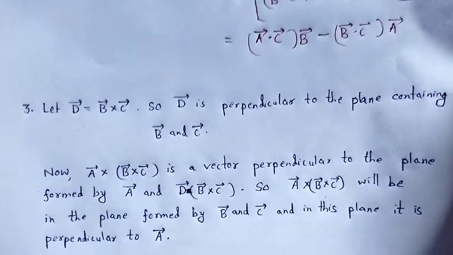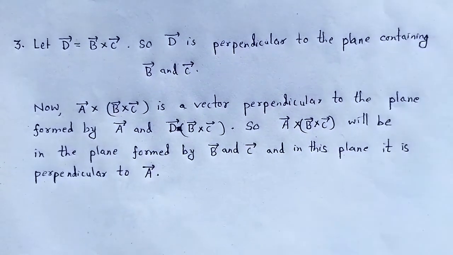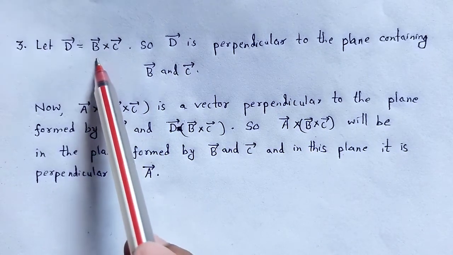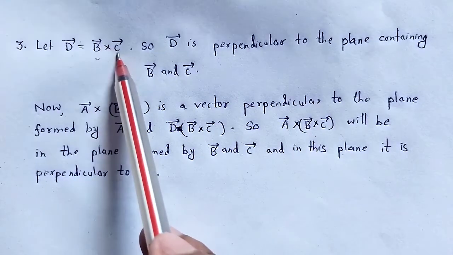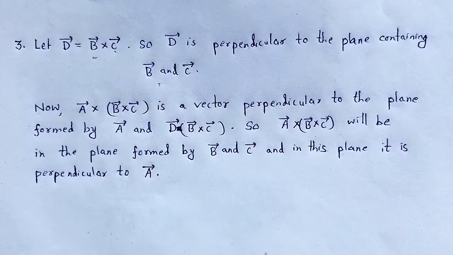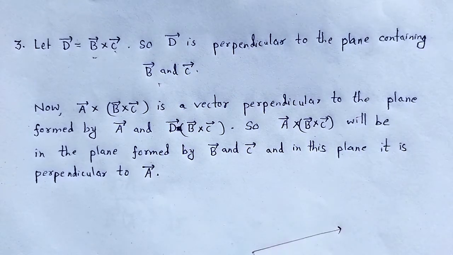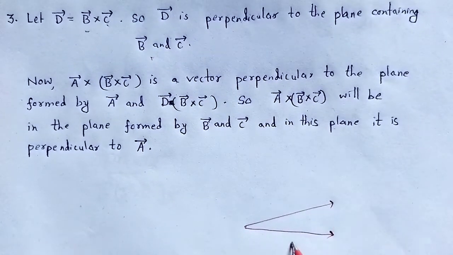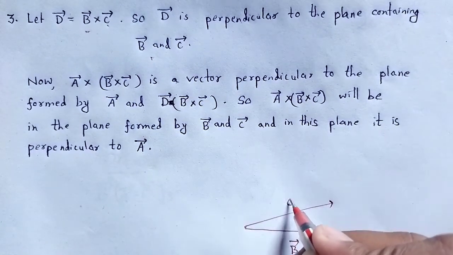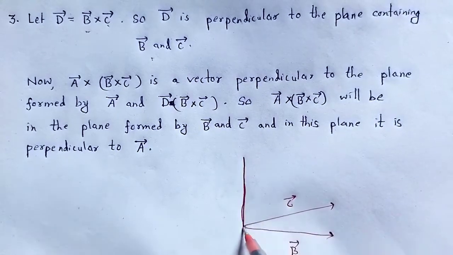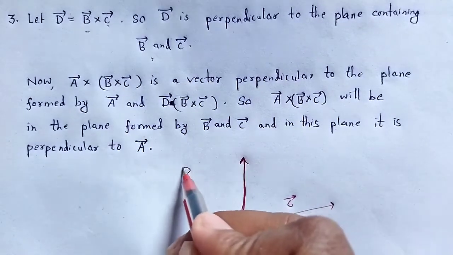Property number 3: let D be a vector which is the cross product of two vectors, B vector and C vector. So D vector is perpendicular to the plane containing B and C. Let this one be B vector, this one be C vector, then the cross product B cross C, the result let it be D vector.